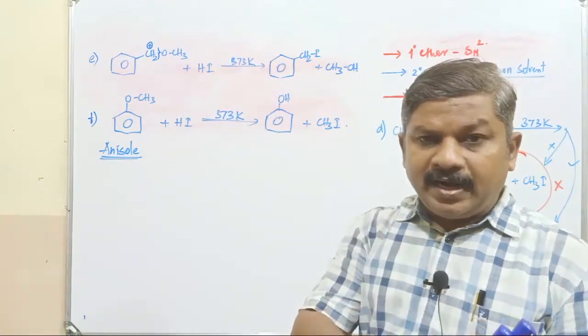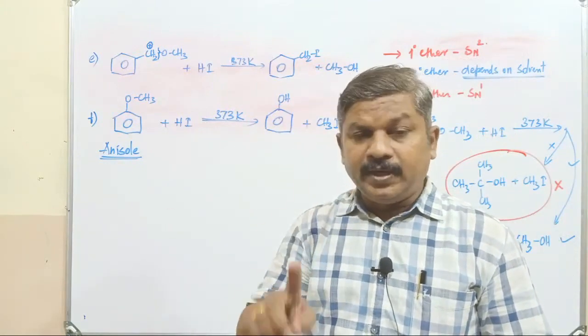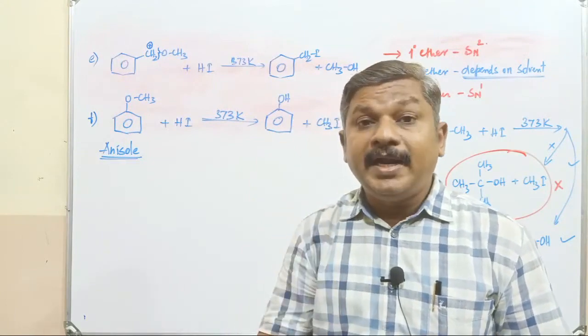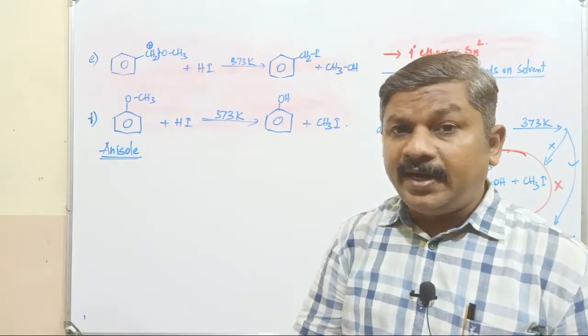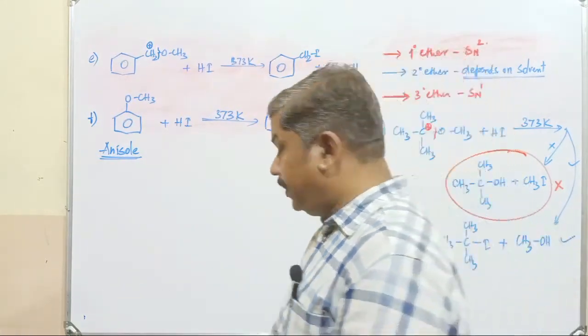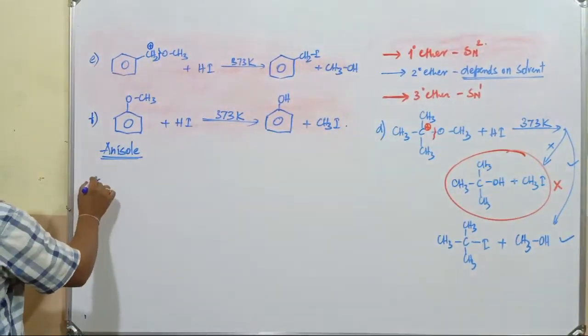Cold and dilute corresponds to only 1 mole of HI. Hot and concentrated hydrogen iodide is nothing but 2 moles of hydrogen iodide. Complete iodination takes place. Right?